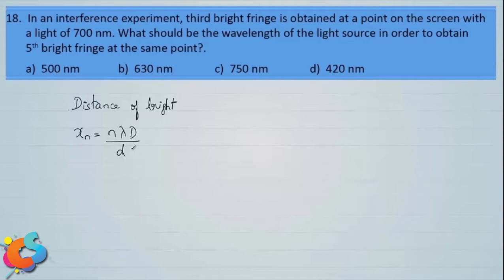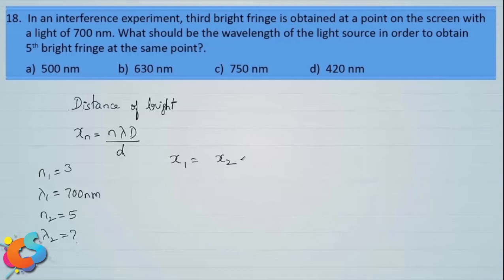Let's have a look at the data here. n1 is equal to 3 for wavelength lambda 1 equal to 700 nanometer. And the fifth bright fringe, that is n2 equal to 5, is for the unknown wavelength which is to be found out. So the third bright fringe due to 700 nanometer coincides with the fifth bright fringe due to the unknown wavelength. Let's equate their distances, x1 is equal to x2.